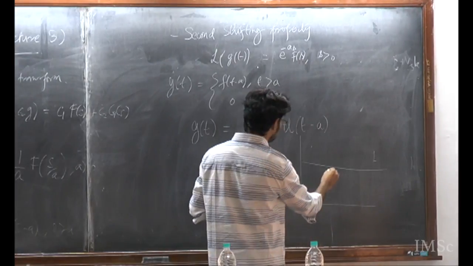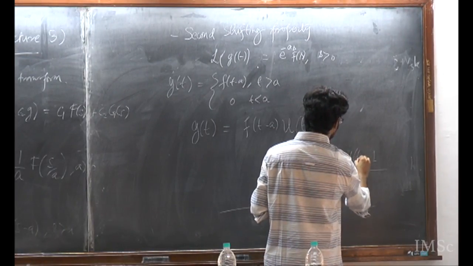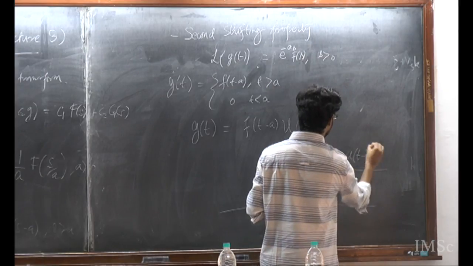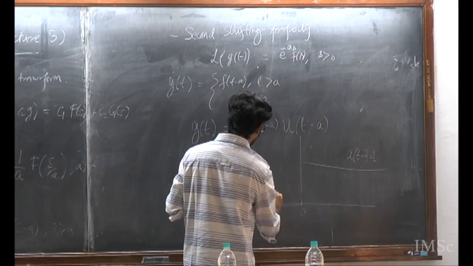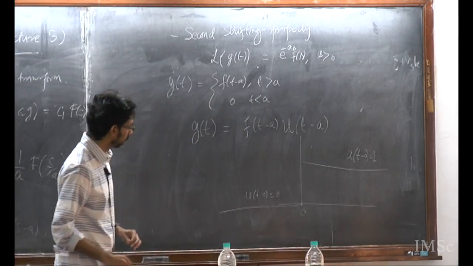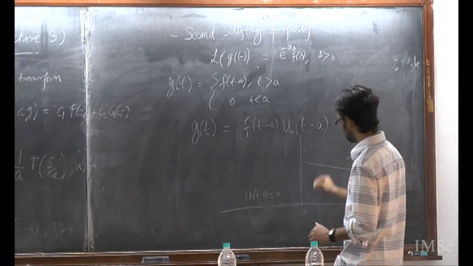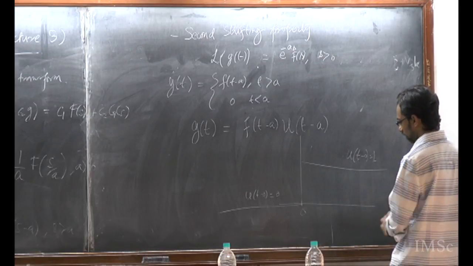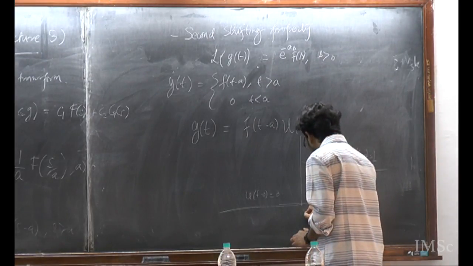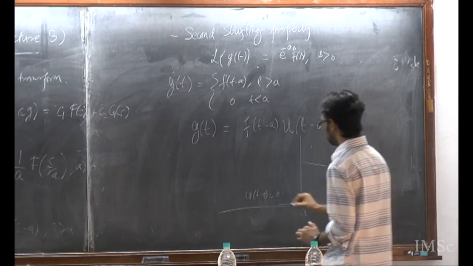So this is u(t minus 0). Okay, so we can shift anywhere we like. Suppose a is positive, and so we shift to the right.